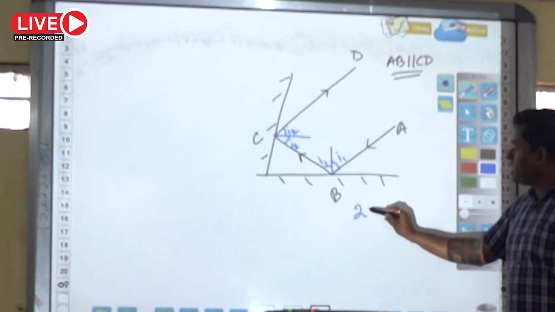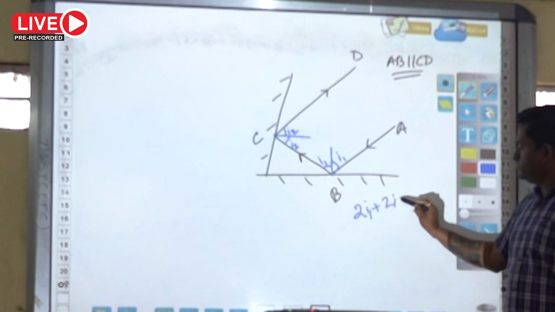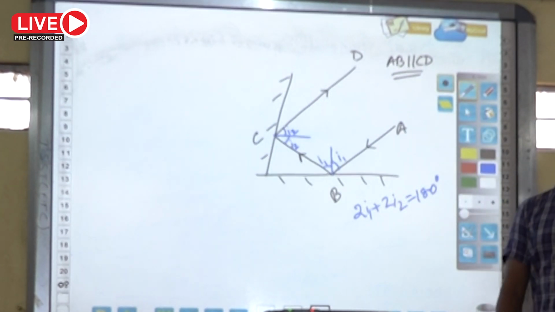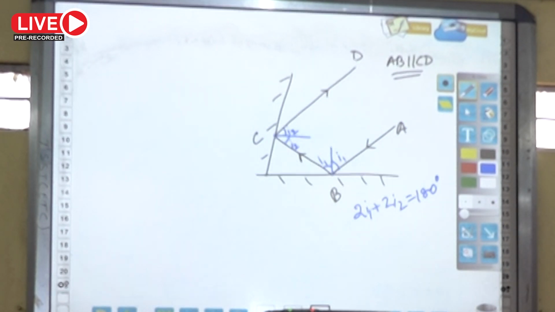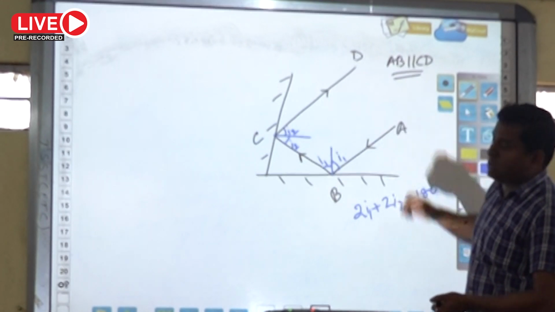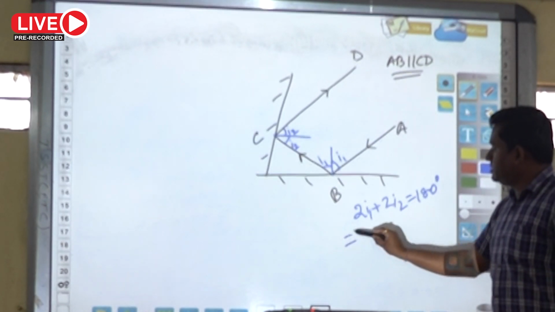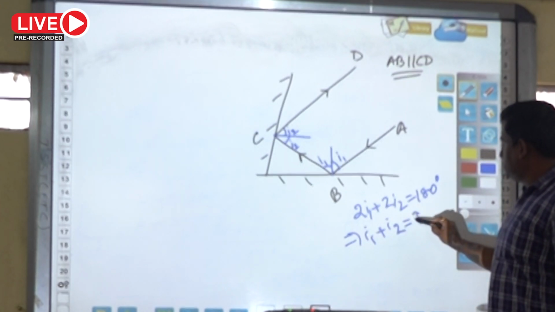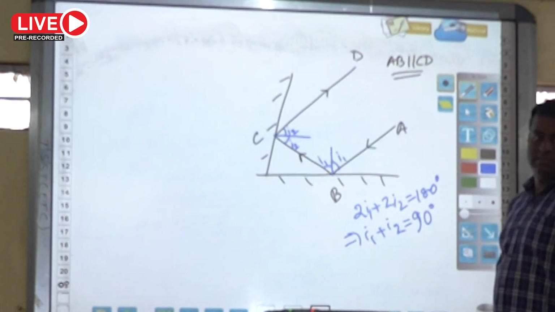Now can I write that 2I1 plus 2I2, that is equal to 180 degree, that is sum of the co-interior angle of a parallel lines on the same sides of the transversal. These two co-interior angle sum will be always 180 degree if these two lines are parallel. Then I1 plus I2 I can get, that is equal to 90.